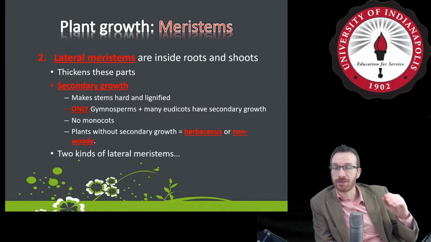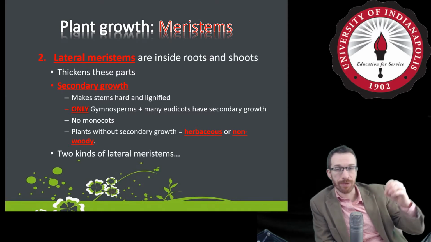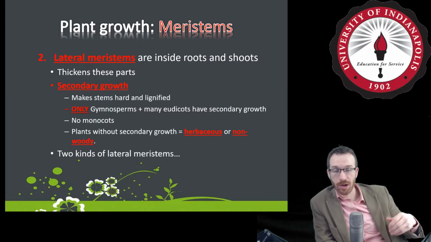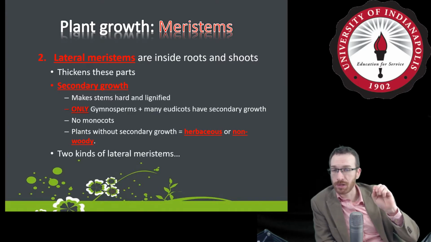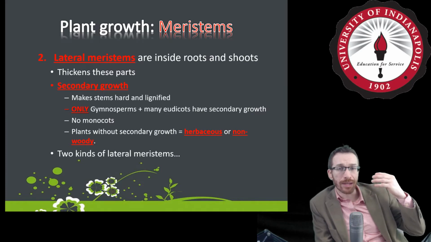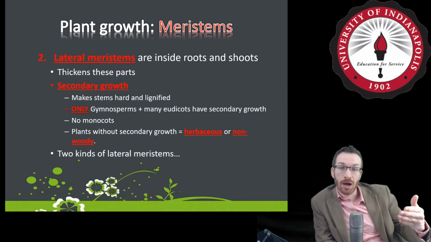A tulip has apical meristems to make it longer and deeper into the ground for roots. It also has lateral meristems, but those lateral meristems just produce a little bit of xylem, a little bit of phloem, and then they're done. It's all herbaceous growth. In, say, like an oak tree or a pine tree or a maple tree, you have apical meristems, so they're making them taller, making them deeper.